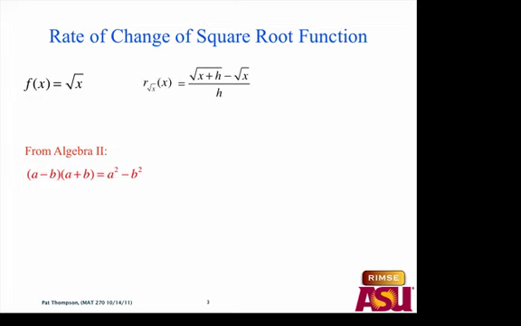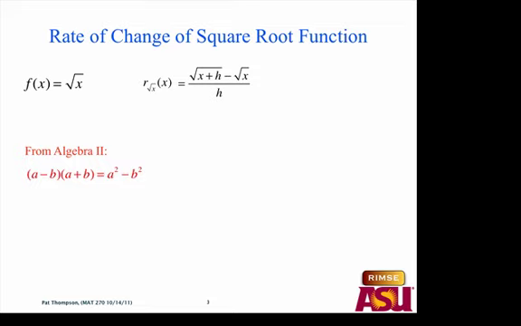So he got it. The rate of change in open form, radical x plus h minus radical x over h. And so we're going to use this, because they're both square roots, it would be nice if they were both squared, so the square roots would go away, right?